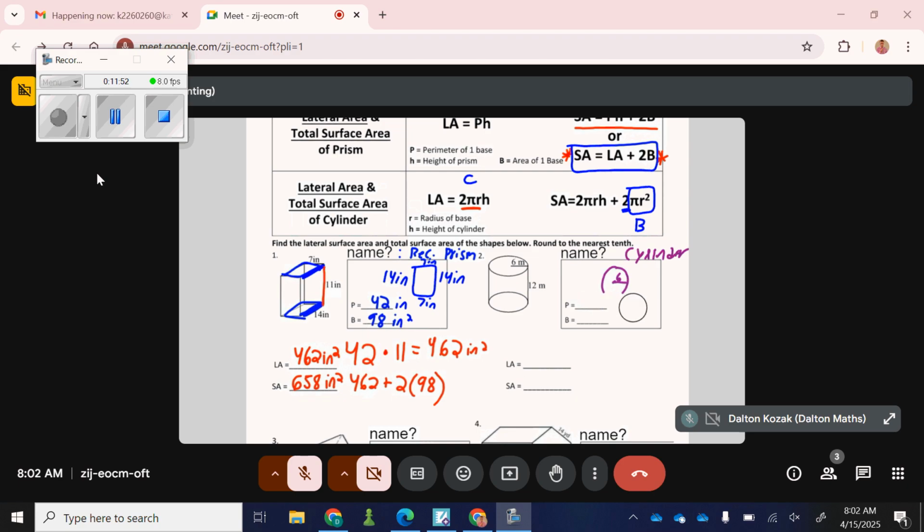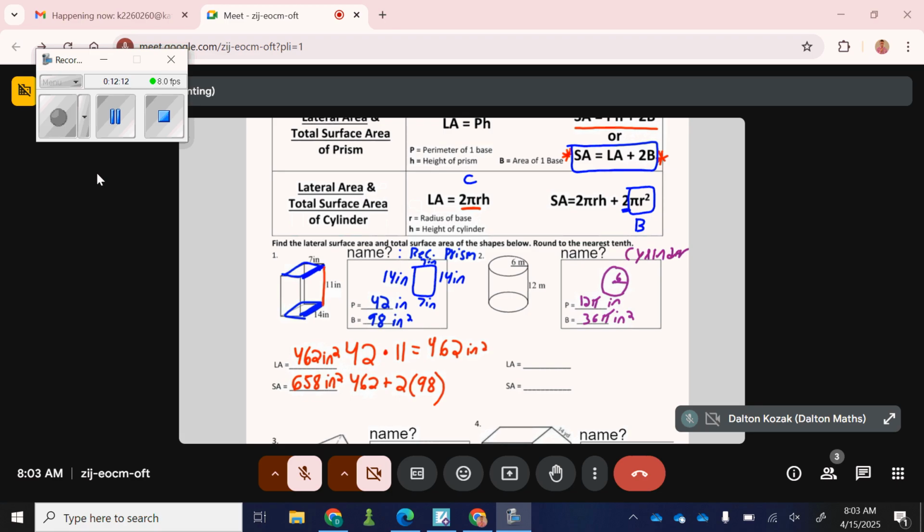The area is pi r squared, so 36 pi inches squared. The perimeter is just the circumference, so 2 pi r, so 12 pi inches.